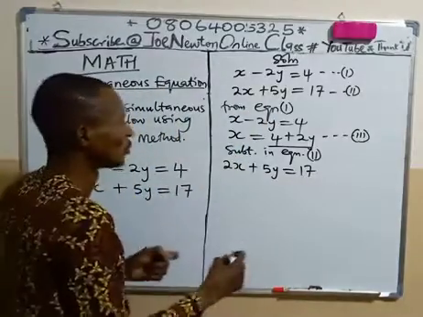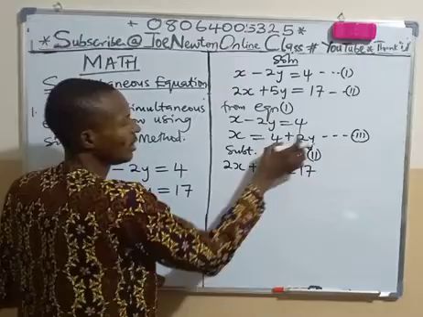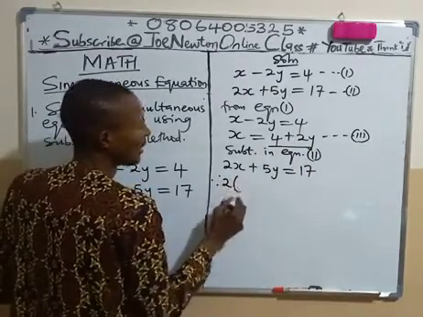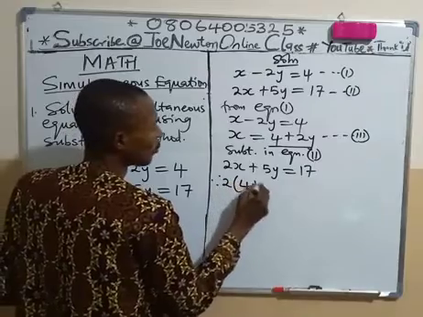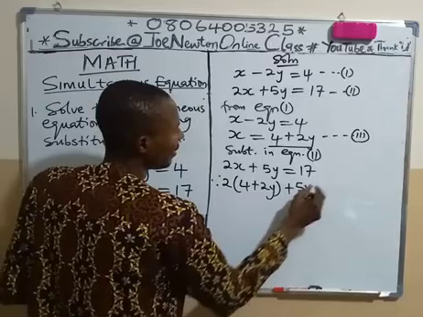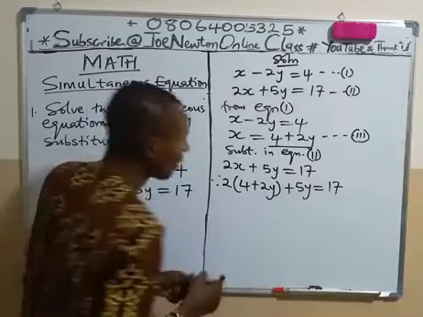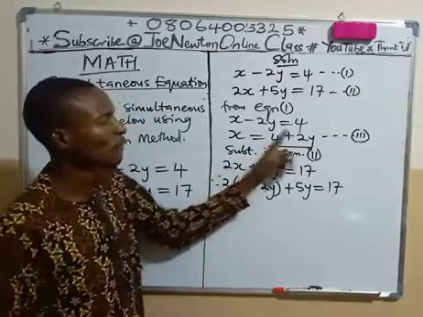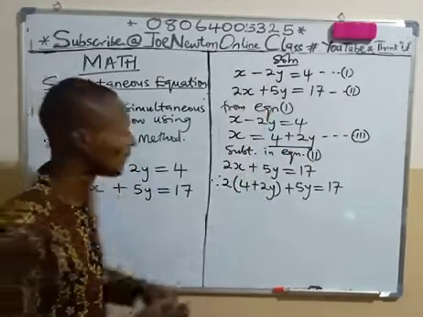Now let us substitute. This x is now this. Therefore it will become 2 bracket 4 plus 2y, plus 5y is equal to 17. You see, this x is now replaced with 4 plus 2y, which we obtained from equation 1.